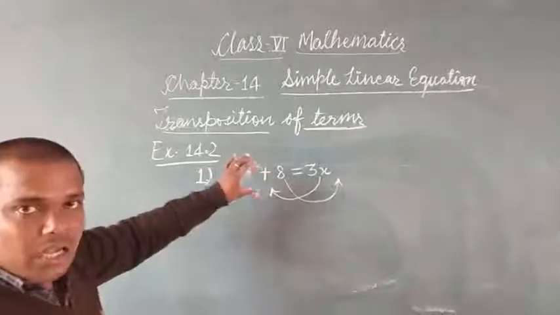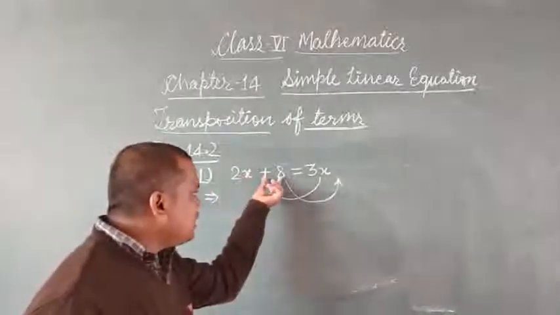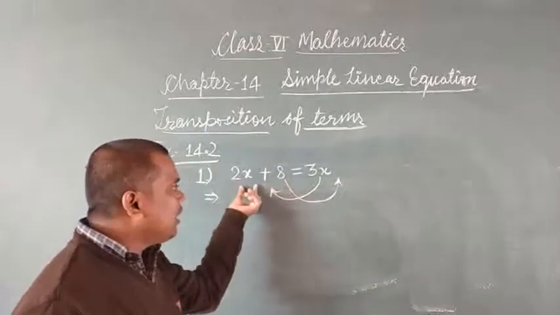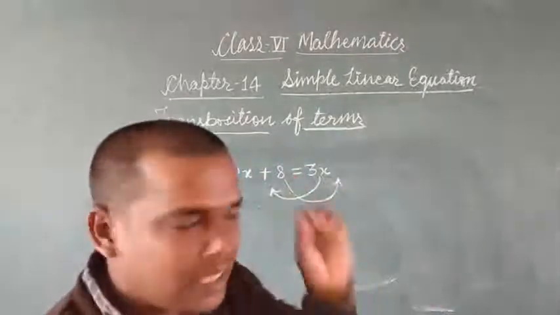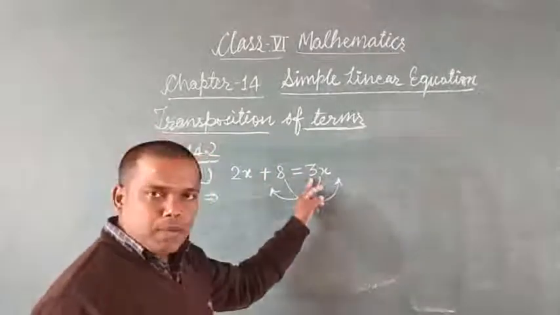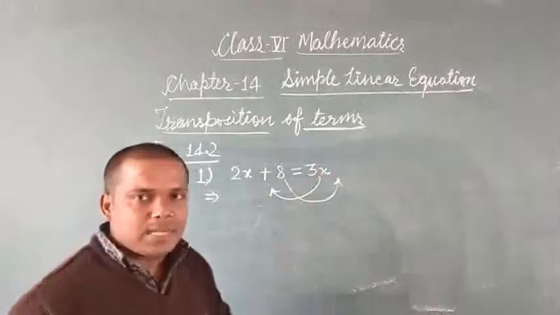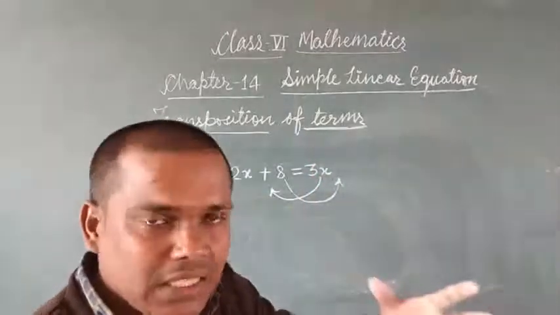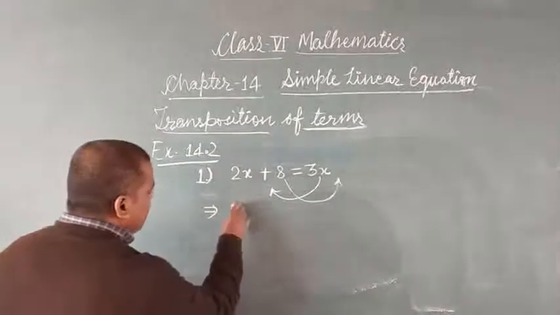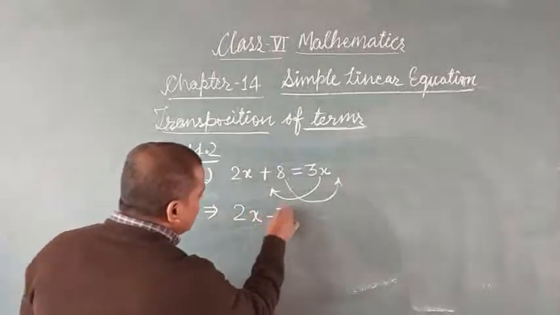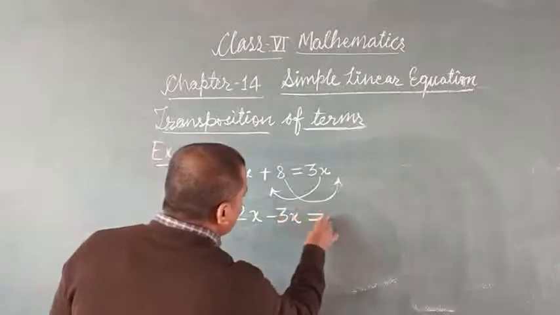When 8 will go to the right side, it will become minus 8. Here it is plus 3x, it will come to the left side, it will become minus 3x. So we write in the next term that 2x minus 3x is equal to minus 8.